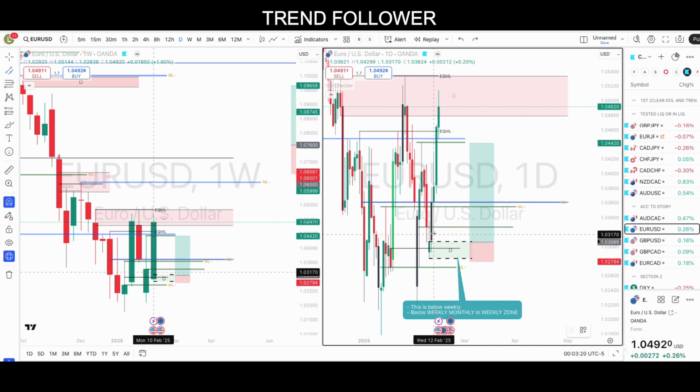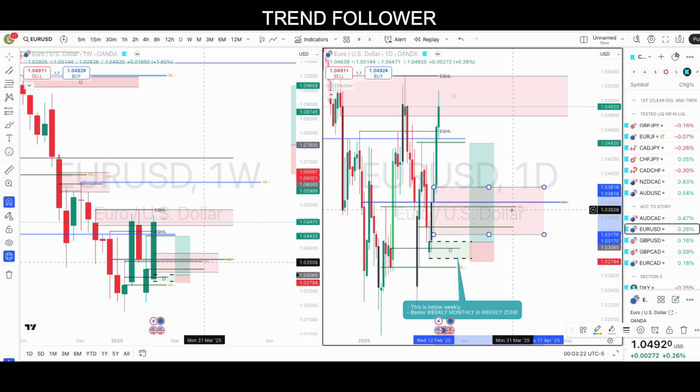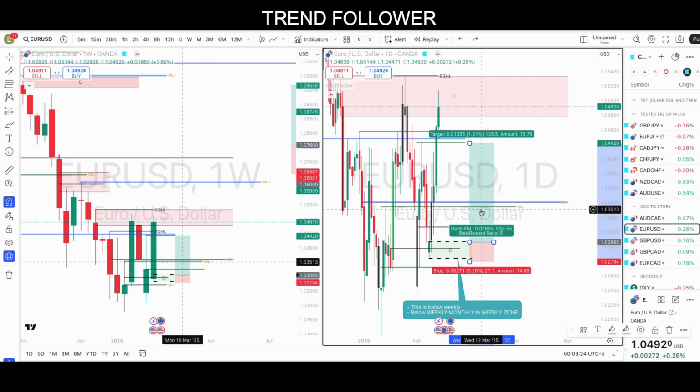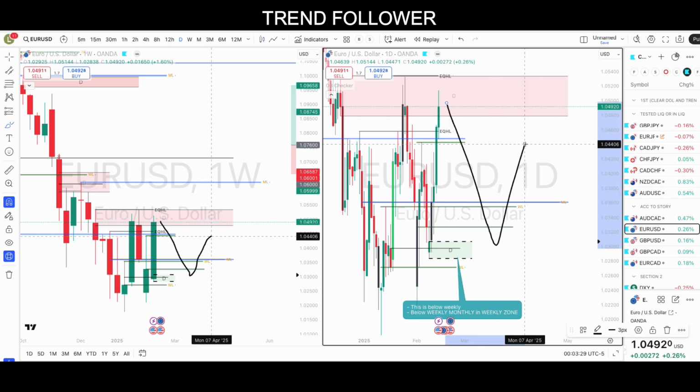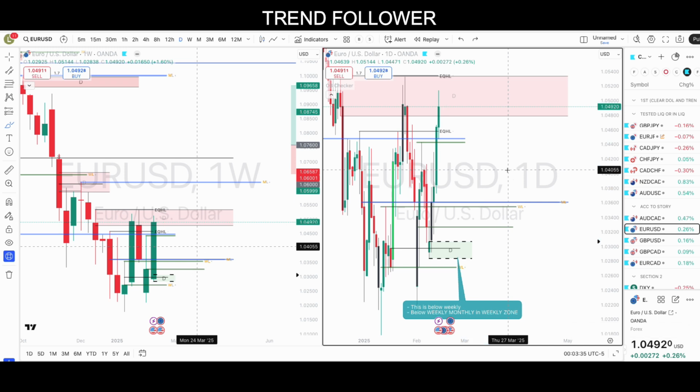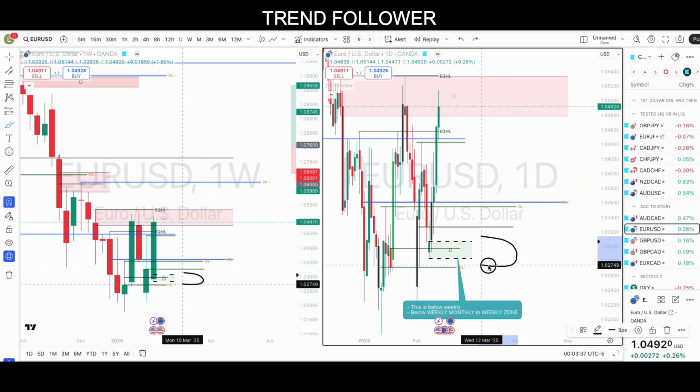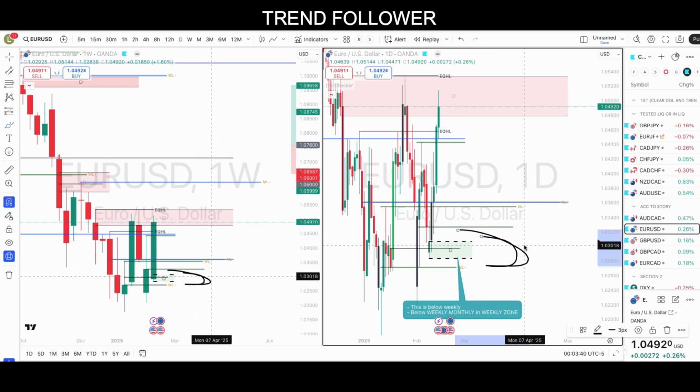For me, it will screw up my risk to reward, so that's why I'm not recommending that. So personally, I don't think that it can come here. But what I have learned about the markets is keep your thoughts aside, just plan your trades and move forward. So for me, if it comes here, then I will trade it.